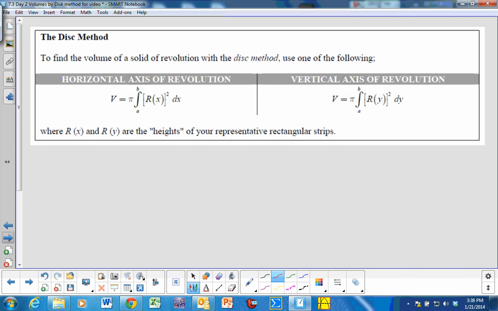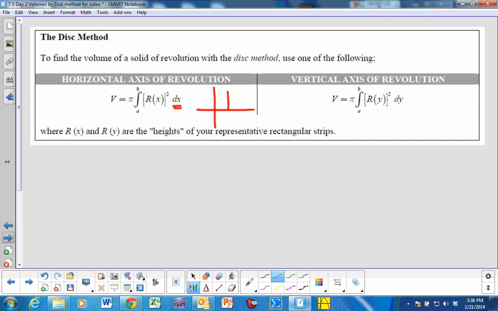So here are your two different ways that we can have this happen. We can have a horizontal axis of revolution, which means that the width of the rectangle will be along the x-axis, and so it will be in terms of x. You could basically draw a little picture here.